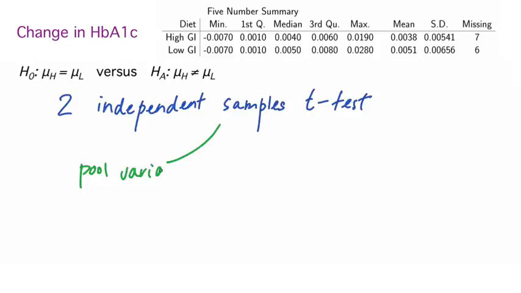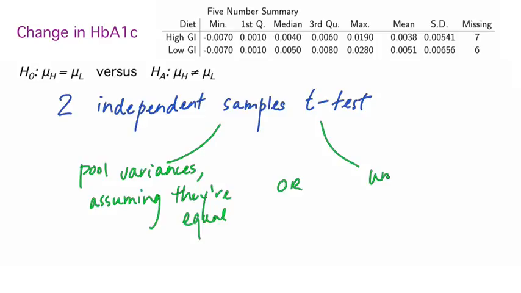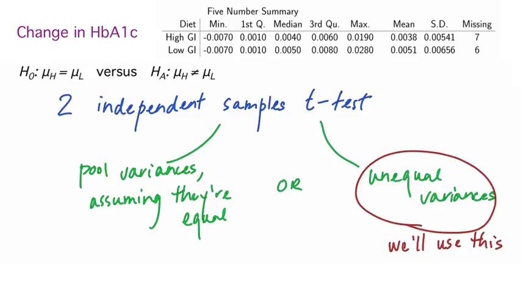One in which we pool the variances because we assume that the variances are equal in the 2 groups, and the other when we don't make this assumption, or the unequal variance case. We don't really have any reason to make this extra assumption, so we won't. Although looking at the standard deviation of the 2 groups, they're fairly close. And in situations such as this, the 2 versions of the t-test typically give the same result.